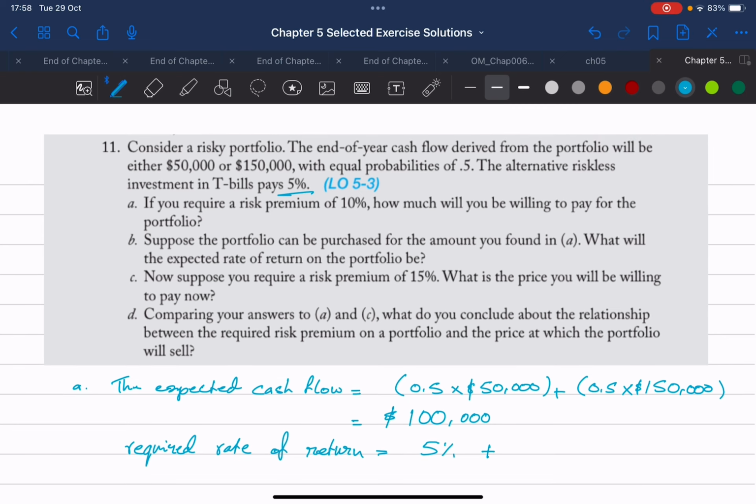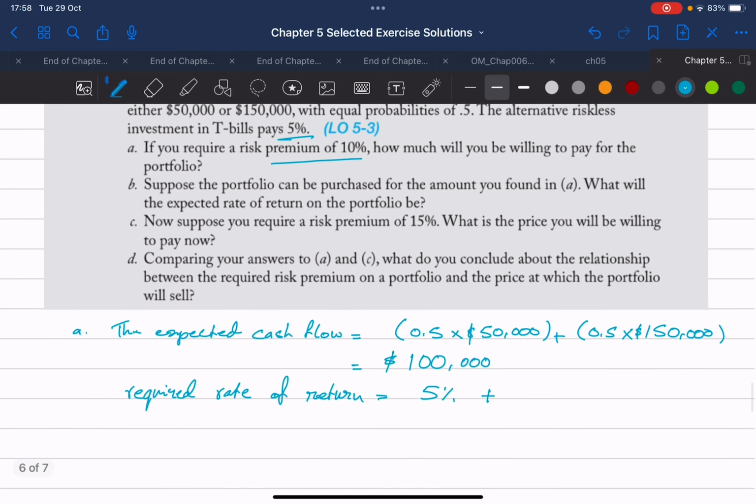Where was it? Here. The risk premium of 10%, okay? So that means that the required rate of return is going to be 15%. Okay?